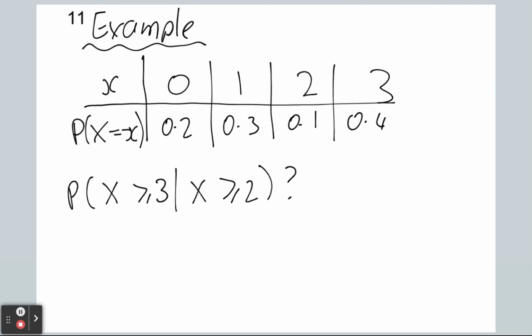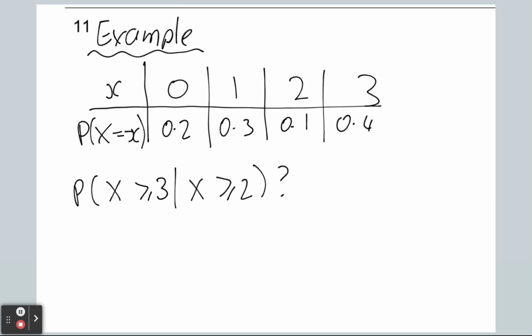I've got an example here. And in this example, we've got some variables, 0, 1, 2, and 3, and some probabilities here. So this is our classic probability distribution. And the question is, what's the probability of the score, or x, being greater than or equal to 3, given x is greater than or equal to 2?